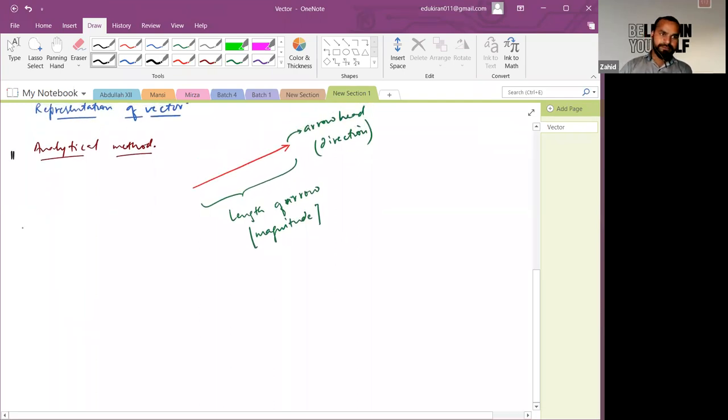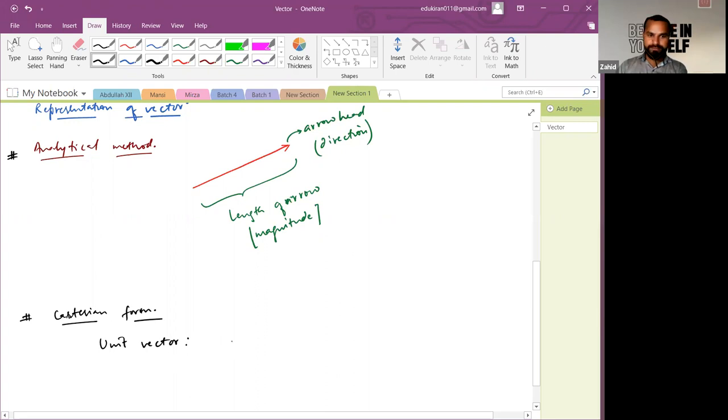Next is Cartesian form. In this, we first define what we mean by unit vector. As its name suggests, a vector which has unit magnitude, or magnitude 1, and which shows only direction is termed as a unit vector.